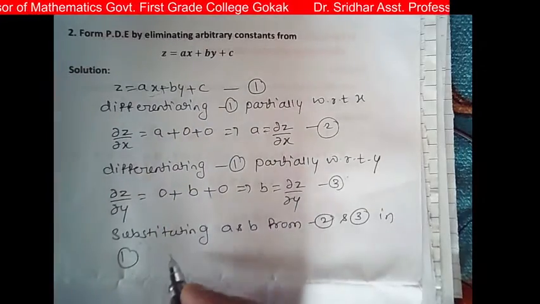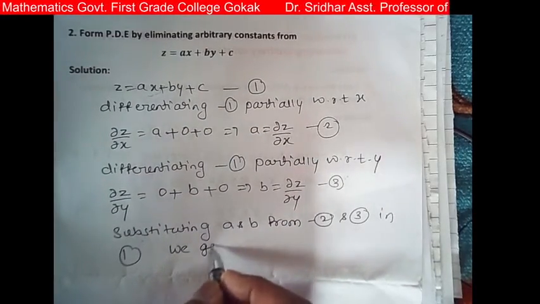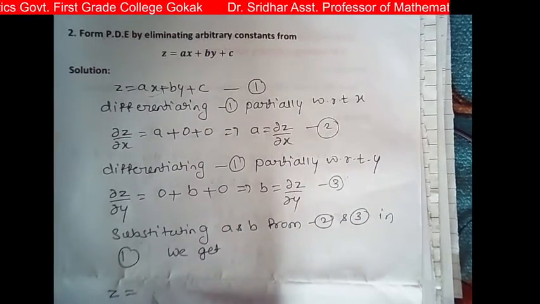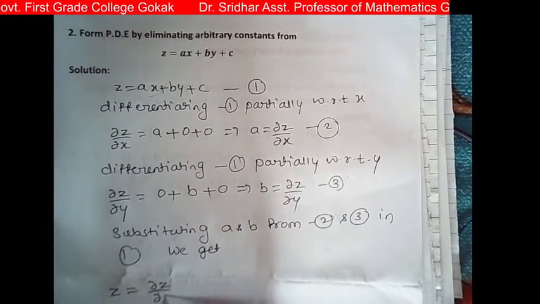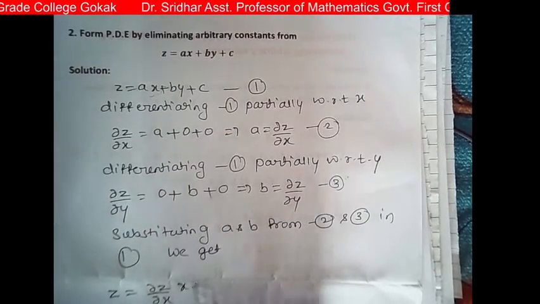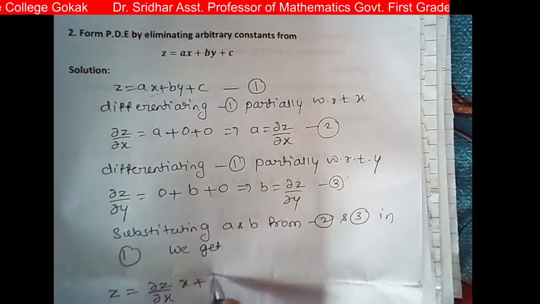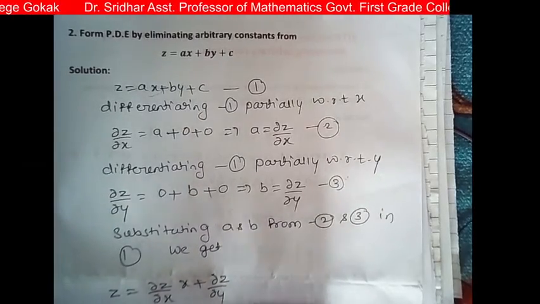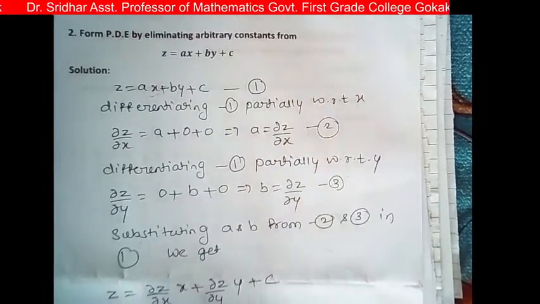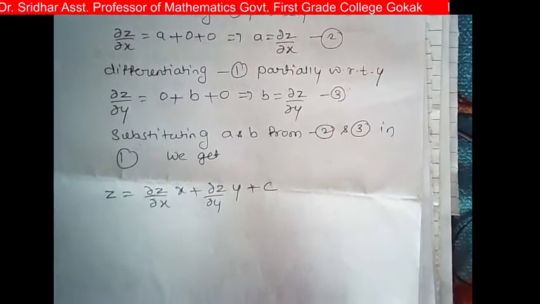Okay, so then we get z is equal to, a means dou z by dou x into x, plus b means dou z by dou y into y, plus c.